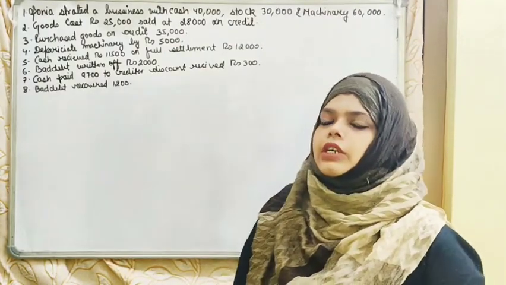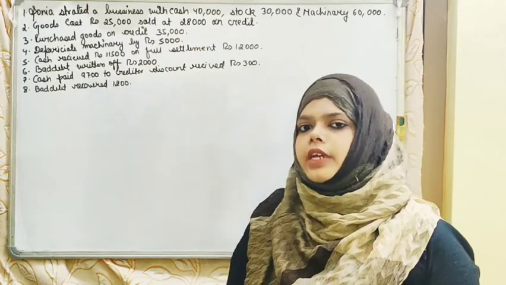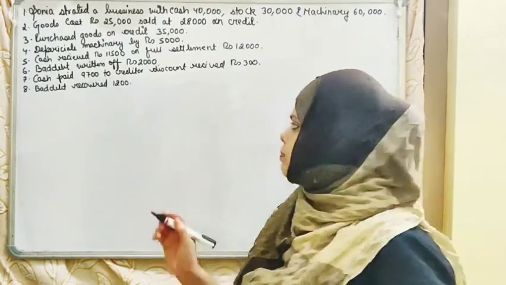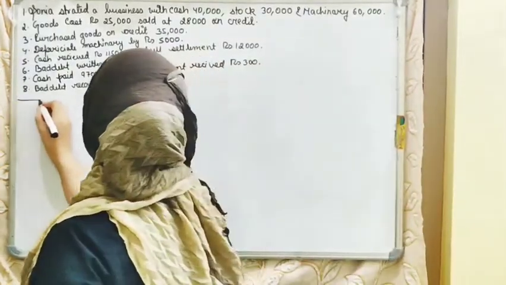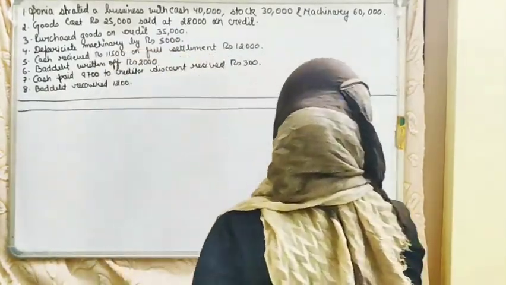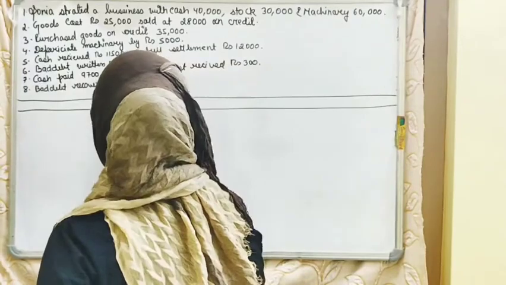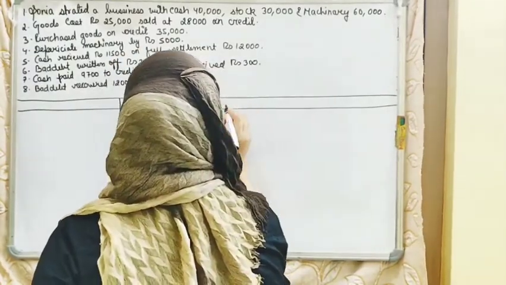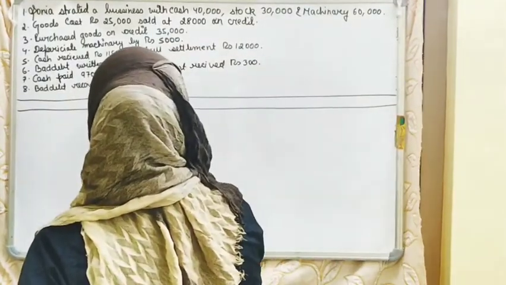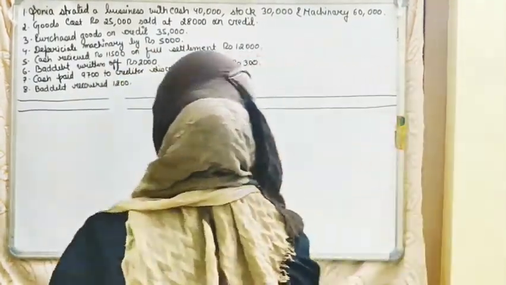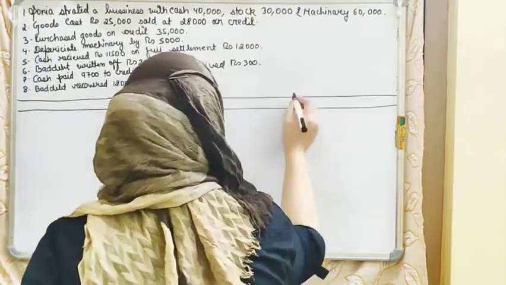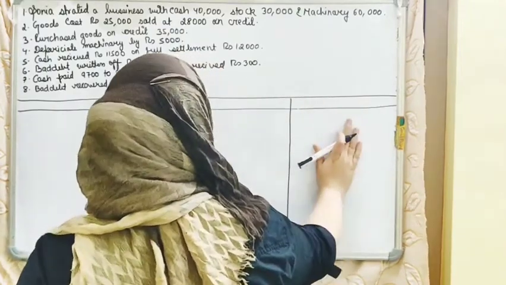As we know, there is a particular proforma, or specimen, of the accounting equation. So let us draw it. First we will divide the table into the transaction part, then the asset part, then the capital and the liability part.